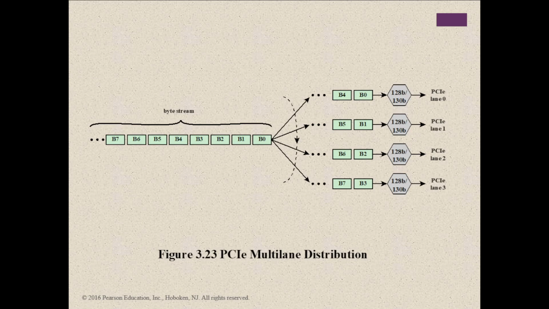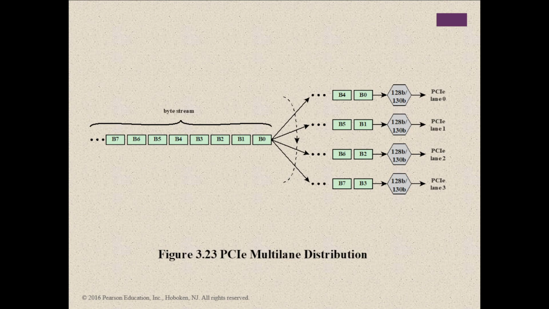As with QPI, PCIe uses a multi-lane distribution technique. This figure shows an example for a PCIe port consisting of 4 lanes: 1, 2, 3, 4. Data are distributed to the 4 lanes 1 byte at a time using a simple round-robin scheme. At each physical lane, data are buffered and processed 16 bytes, 128 bits, at a time.